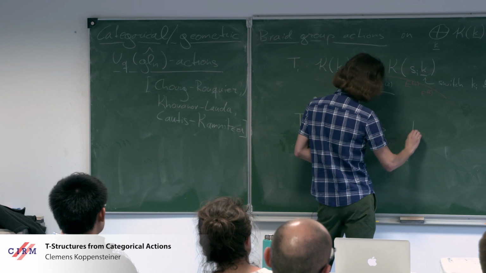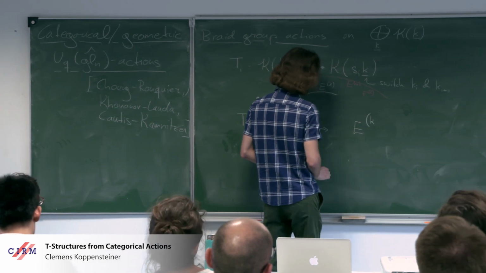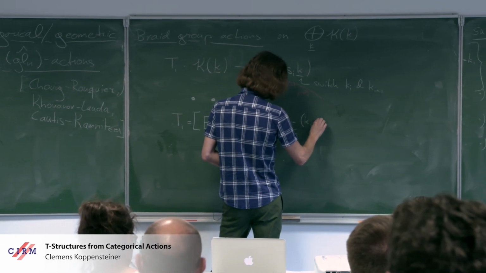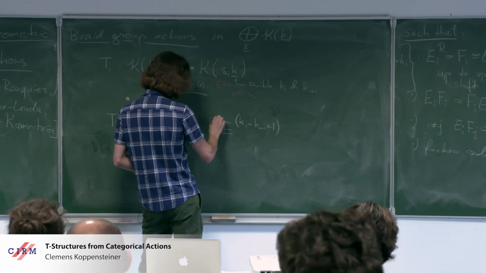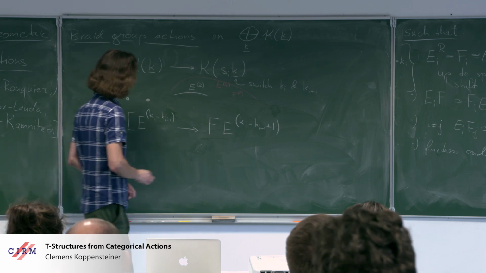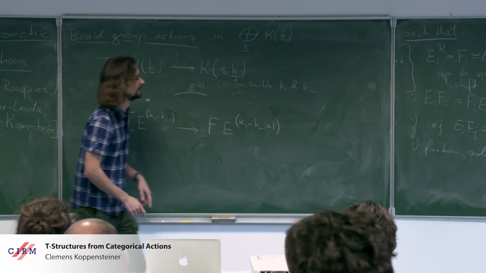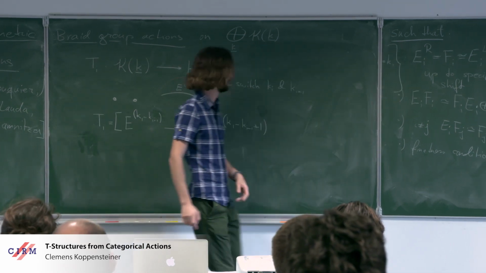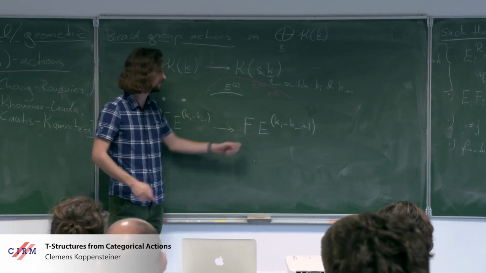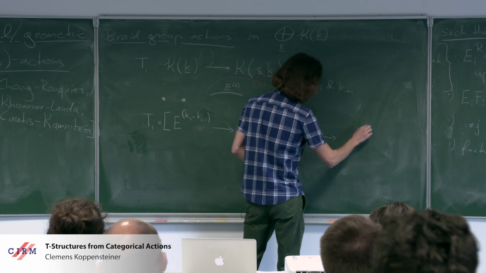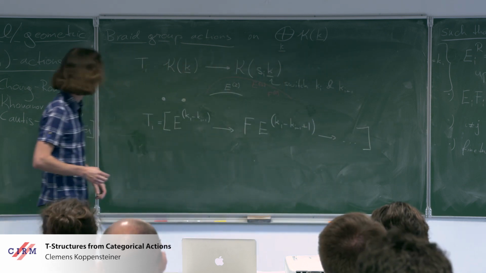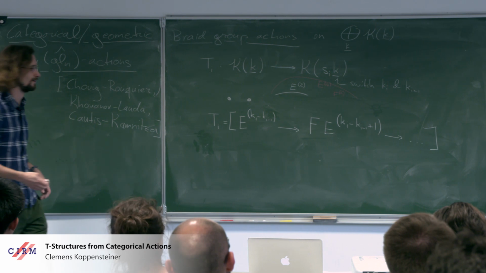Or I can go one further, ki minus ki minus 1 plus 1, and then go 1 back. And the map here, remember, E and F are adjoint. So I'll have an adjunction map from here to here. And then I can continue the diagram. And Ti will be the convolution of that complex.